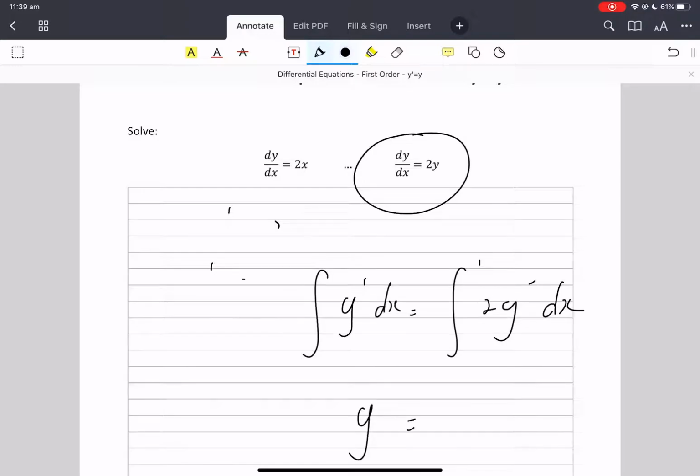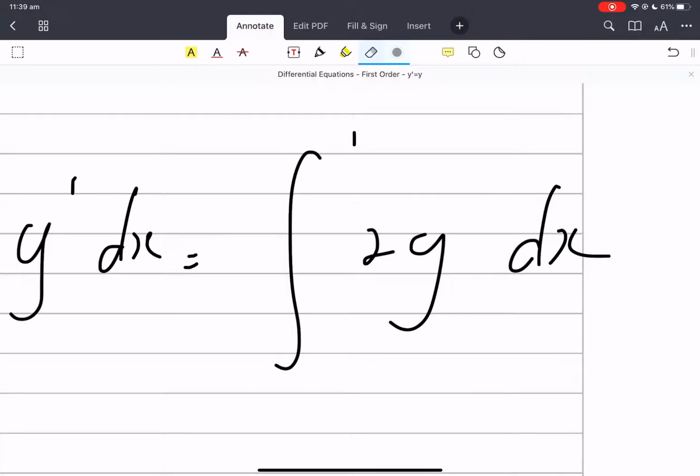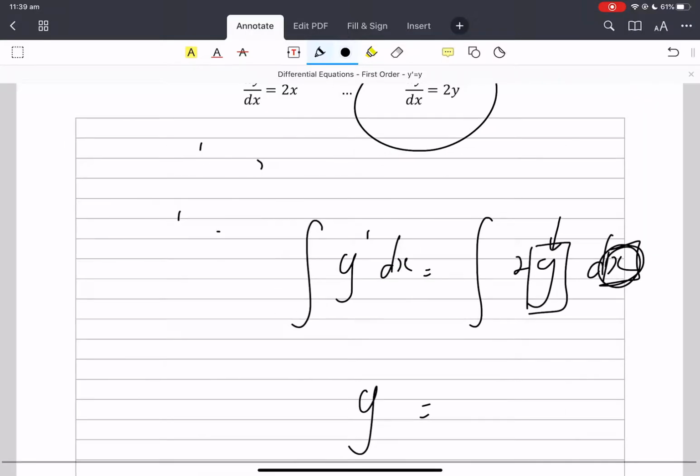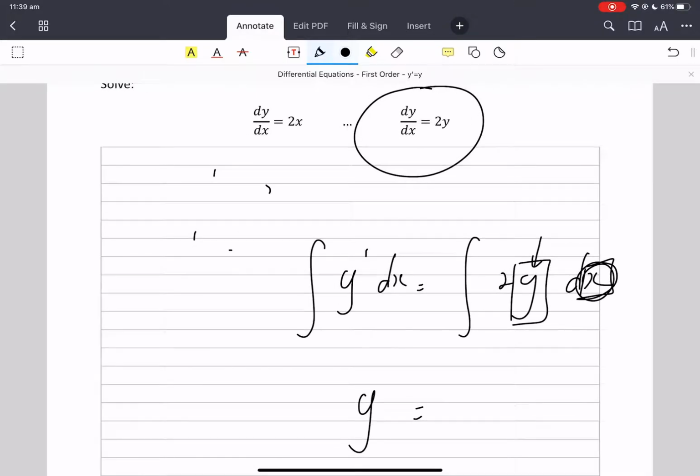That just goes to y. But that is a challenge. y is not a constant. It's not a number. And we're integrating with respect to x. Well, how do I integrate a different variable with respect to x? It's just not doable. Anyway, let's see how we get around that.